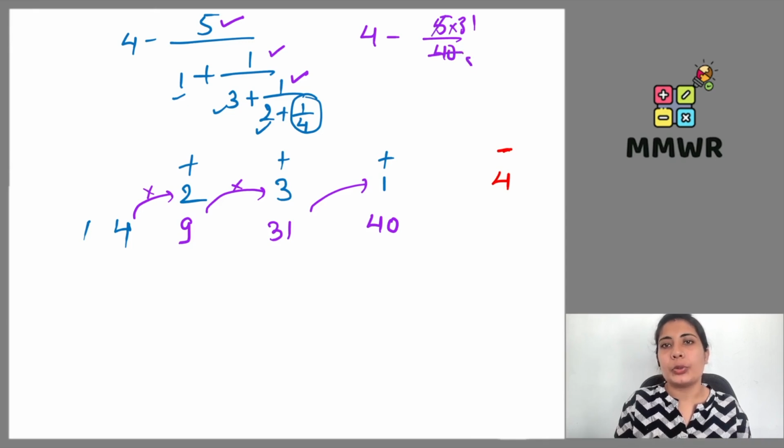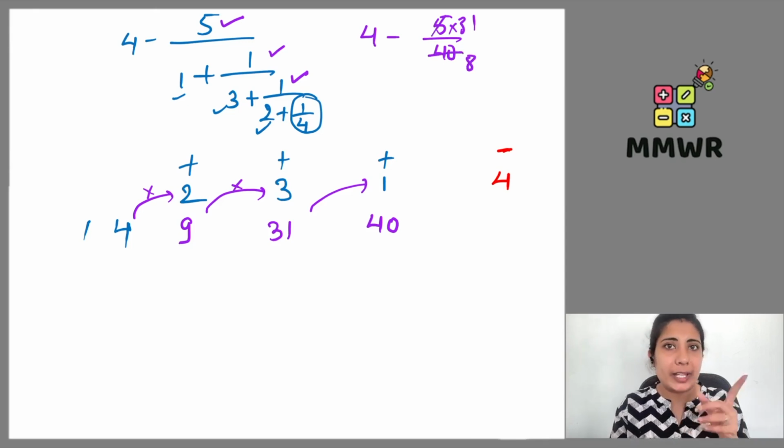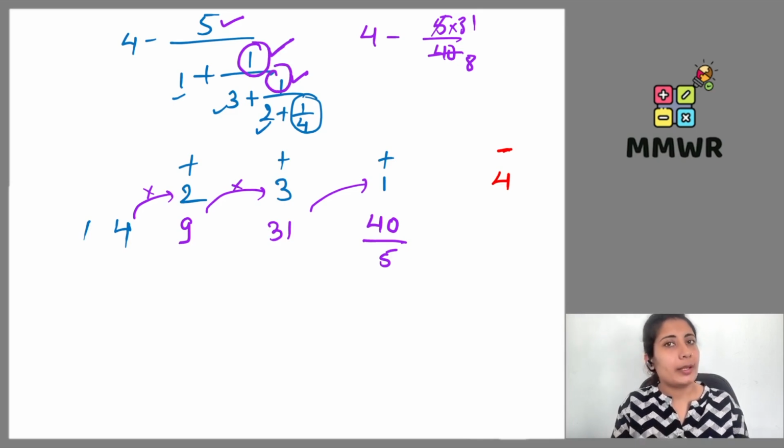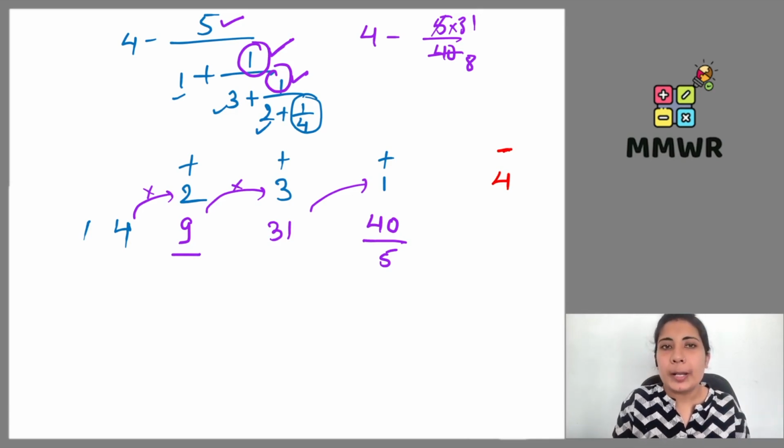So this gets cut short to 8: 5 ones are 5, 5 8s are 40. So here we have to write that 5. That means whenever the numbers here are other than 1, then in that case we will be writing that particular number. यहाँ जो number है उसको हम यहाँ लिख देंगे.